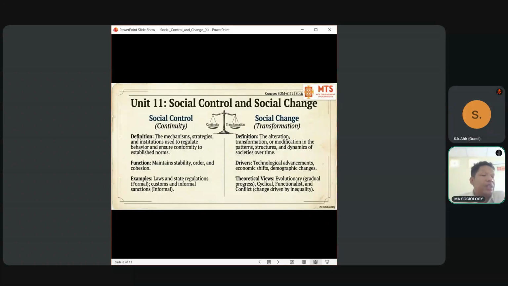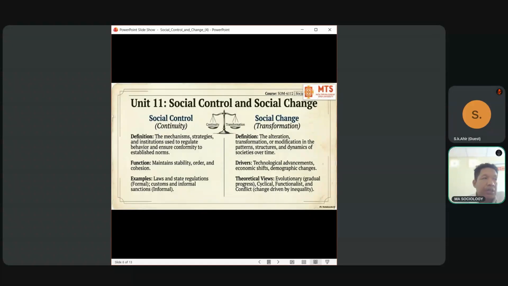Social change is basically a transformation. Social change is something that takes place. It may take place slowly, it may take place very fast, it may take place in a moderate way, right? The theory of evolution in sociology is associated with August Comte, the father of sociology, who coined the term sociology and was very much influenced by evolution theory, right?